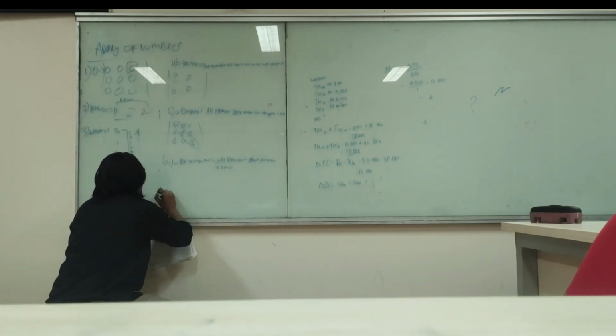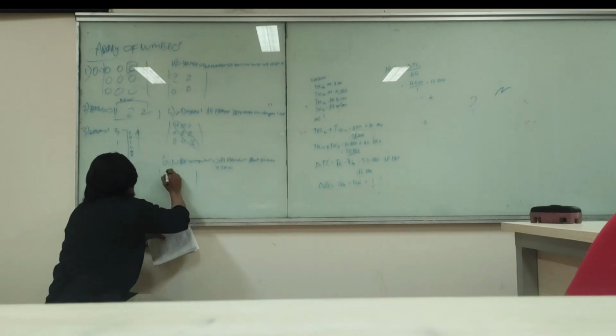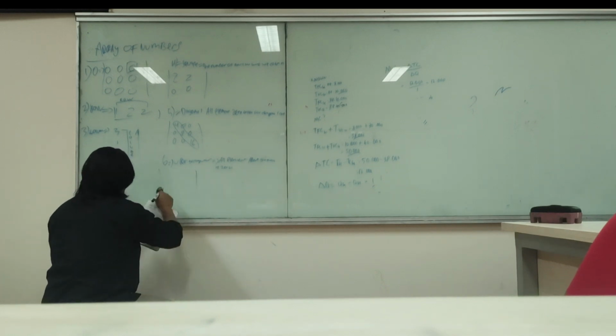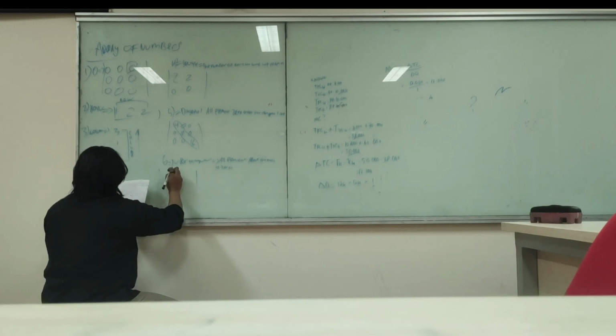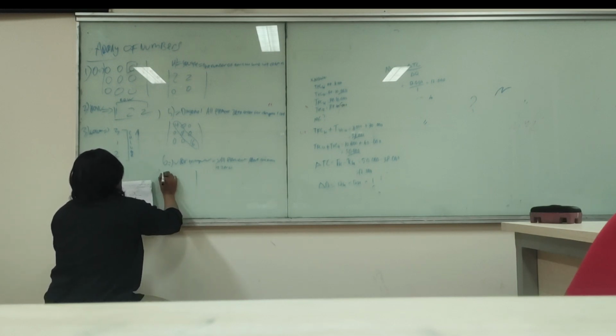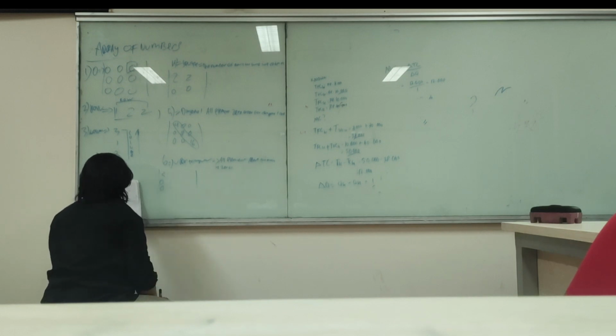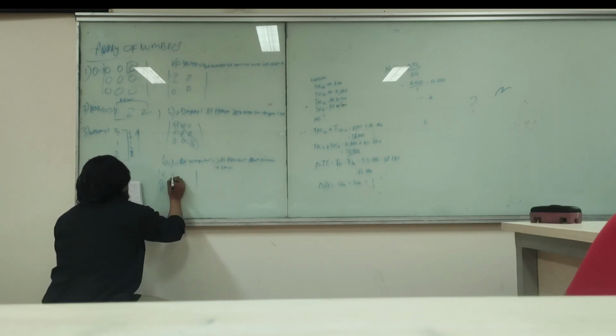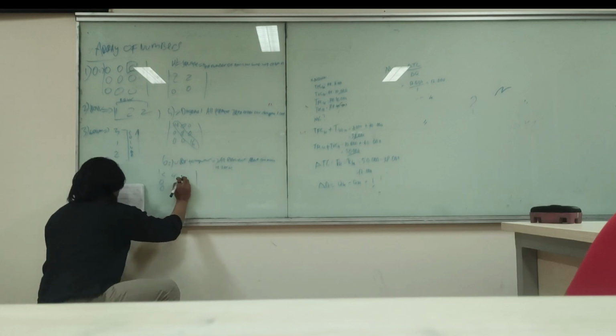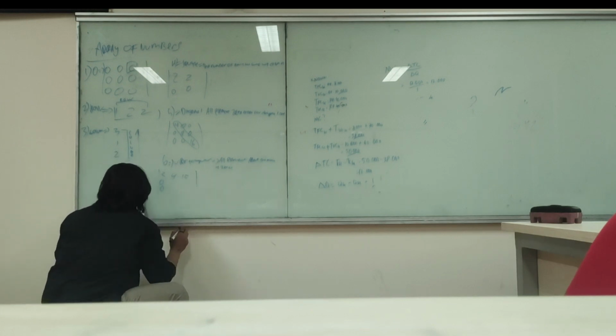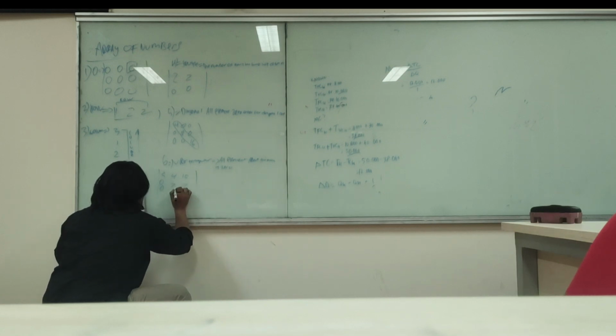So for example, in the first row we go 2, and then 0, 0, and then 4, 4, and then 15, and then 7, and then 2, 1, and then this is 0.